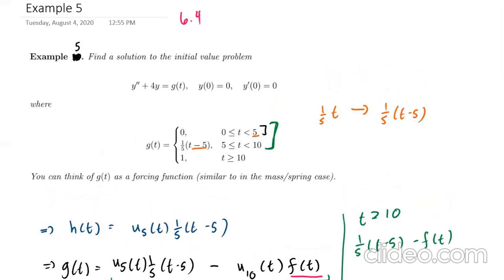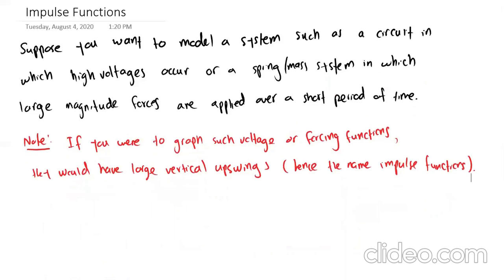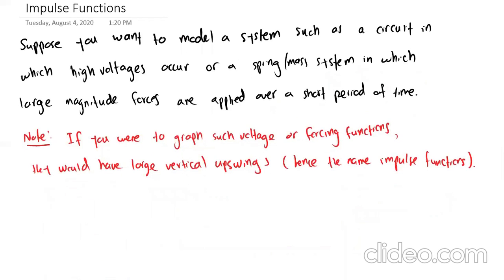Now in section 6.5 in the book, we're going to talk about another very common sort of g of t function that occurs in practice. Let me give you two examples. Suppose you want to model a system, either a circuit board or a spring mass system with particular properties.